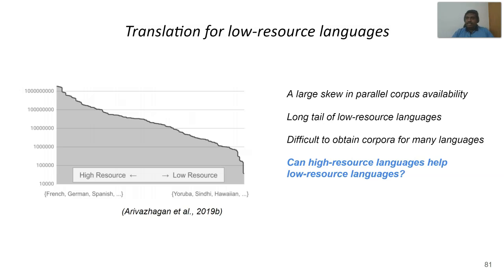It's very difficult to obtain parallel corpus for many of these languages. So the question is, can high resource languages help low resource languages in improving translation quality? Which means, how do we build multilingual NMT systems where we can transfer knowledge from high resource language pairs to low resource language pairs?